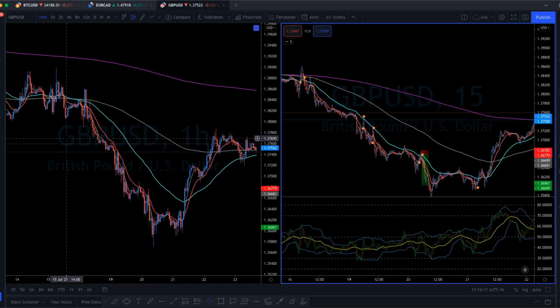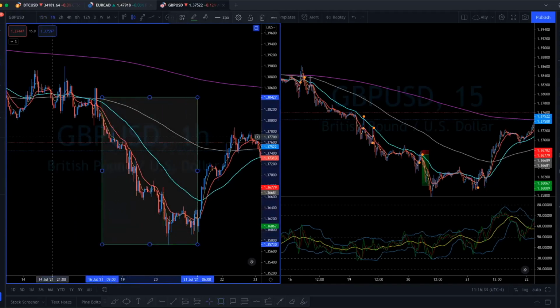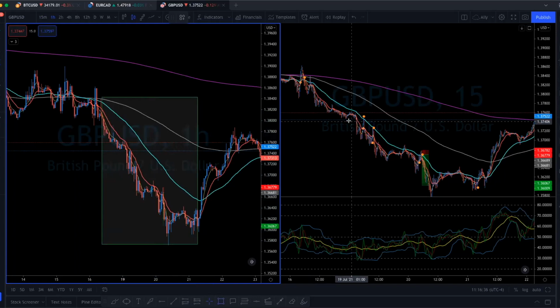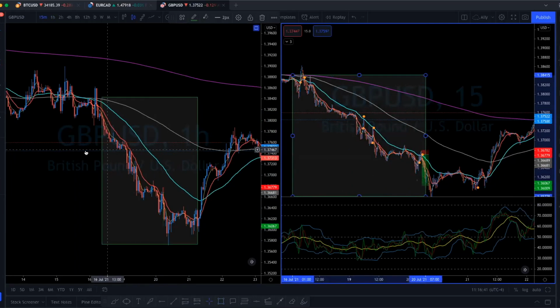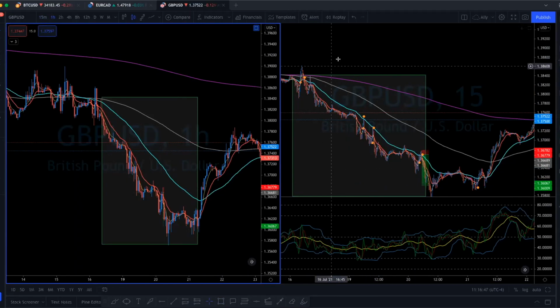If we look on the chart here, here's July 16th through the 20th. So what I want you to notice is essentially that spot and that spot. So this is a 15-minute chart, this is the 1-hour chart.